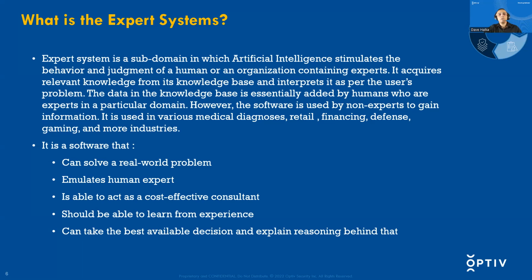The expert system usually solves real-world problems and emulates a human expert, and it's able to save time and cost, I can say, over 60%. And the machine learning itself will learn by experience. So with time, there is no need to spend 100% of a consultant's time doing that. So my system will do that.